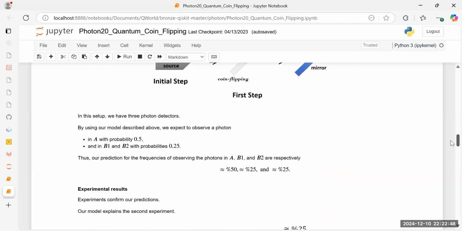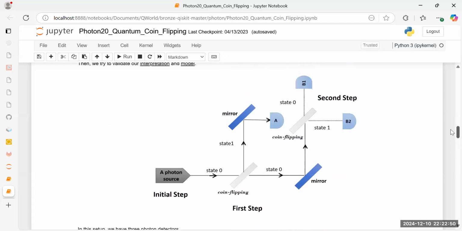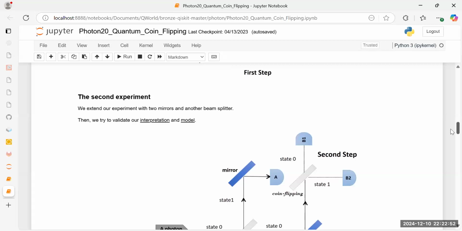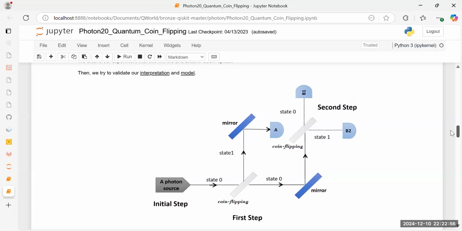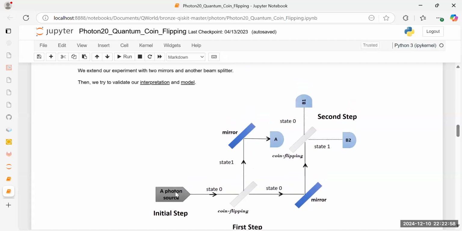Okay, so we have an experiment here, and we are to toss our coin. So we have our coin facing head, and we're going to toss it. So there is some probability it could land on head and some probability it could land on tail.